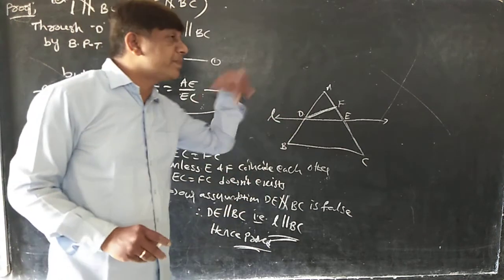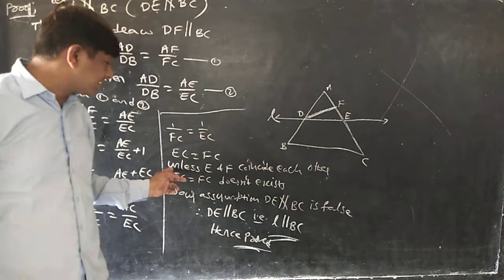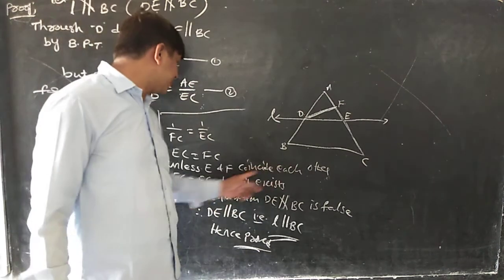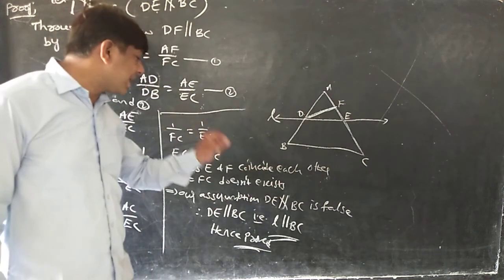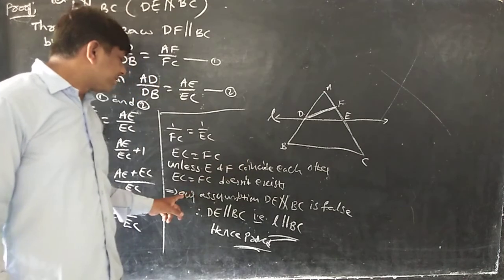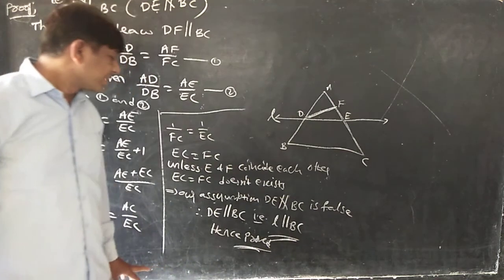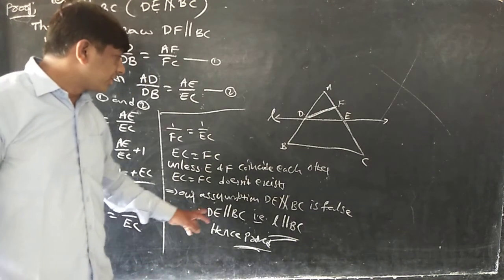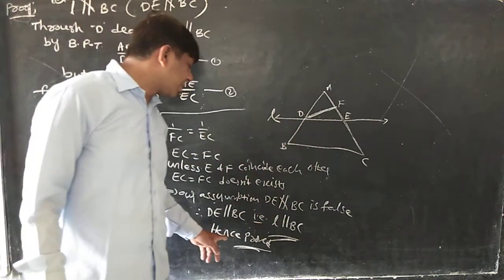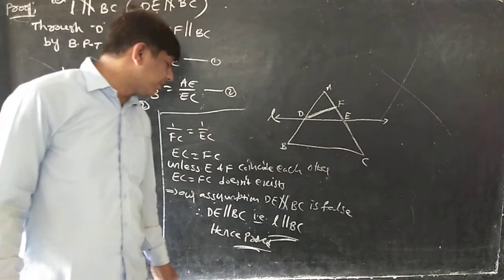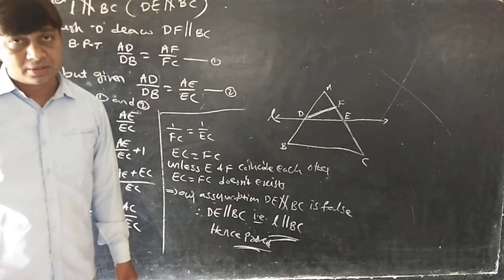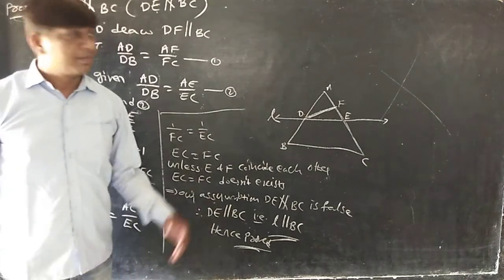Unless E and F coincide with each other, EC is equal to FC does not exist. That implies our assumption, DE not parallel to BC, is false. Therefore DE is parallel to BC. That is nothing but L is parallel to BC. Hence proved.